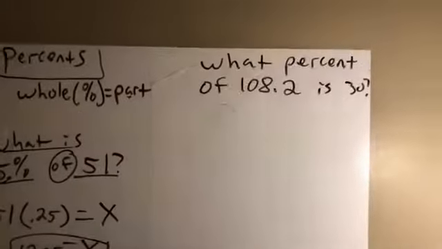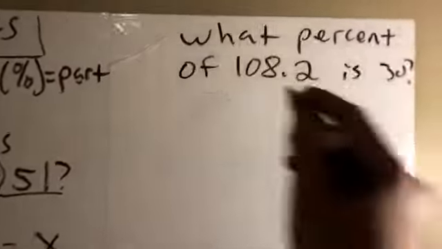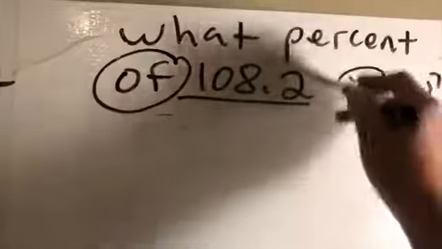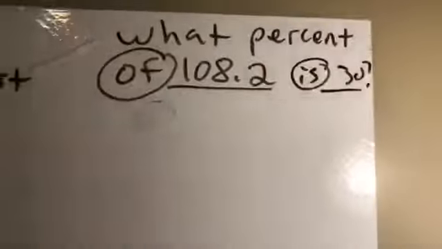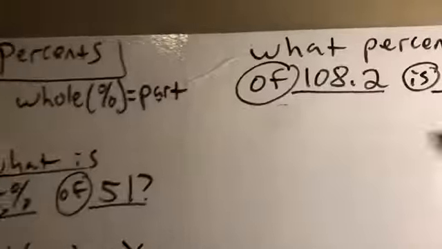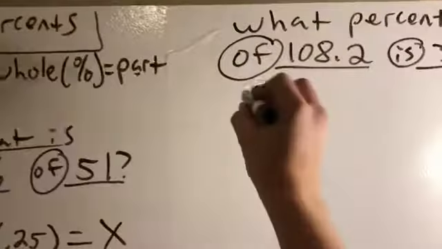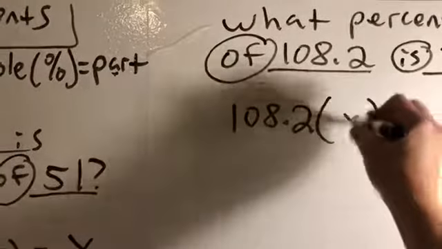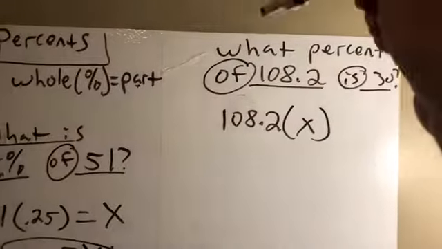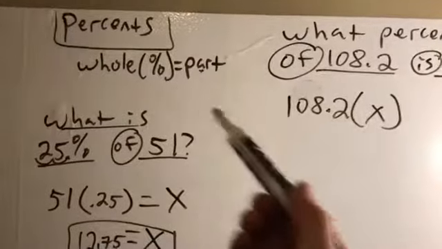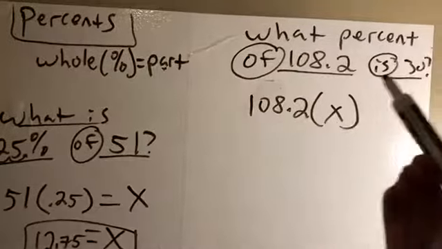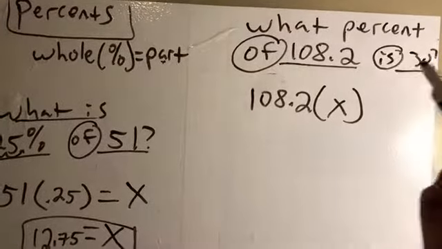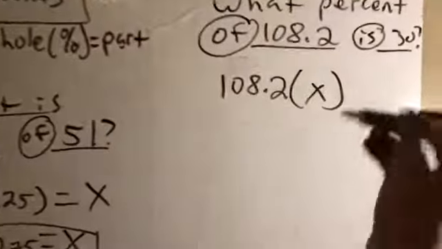One more. What percent of 108.2 is 30? So in this case, I know my of, which is going to tell me my whole, 108.2. We don't know the percent this time. It's asking what the percent is, so my percent will be X. And is 30. Remember, is a good keyword for the part we're talking about.